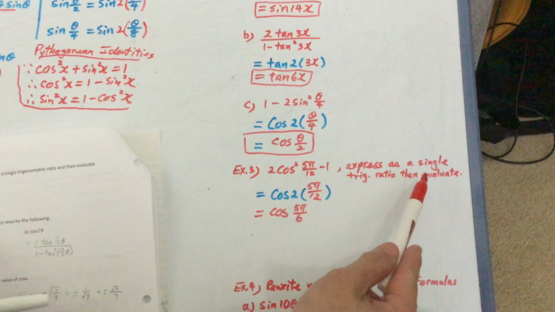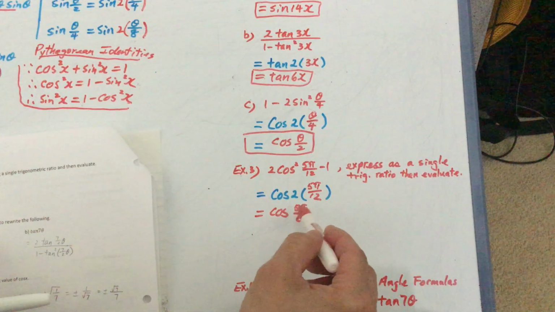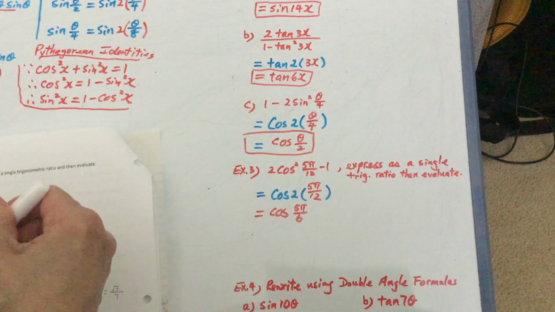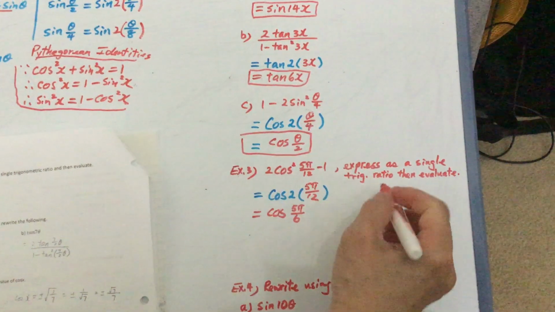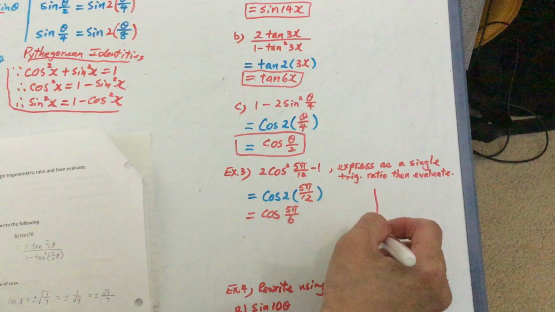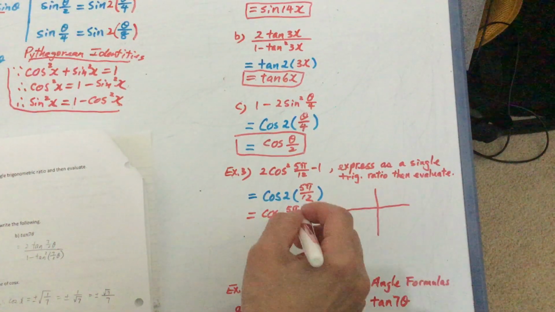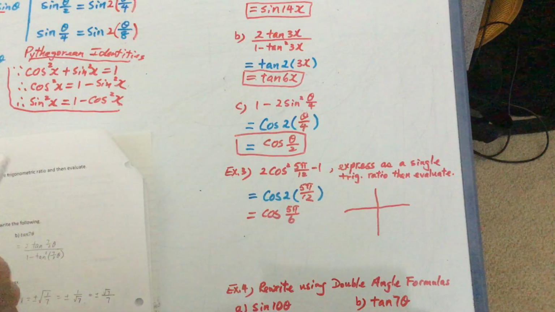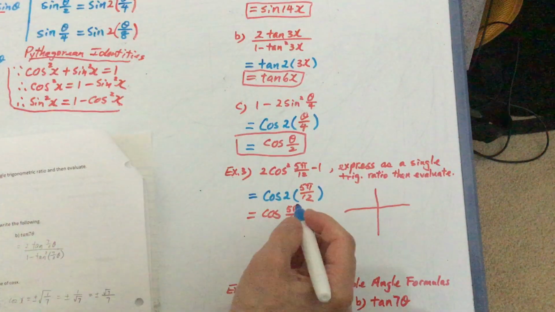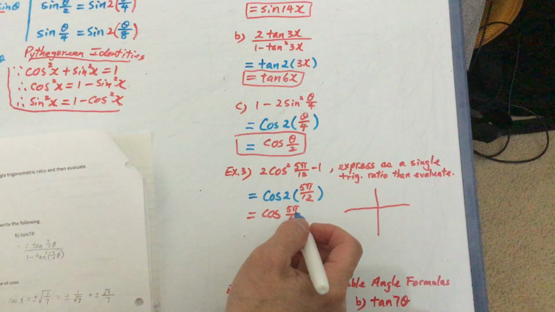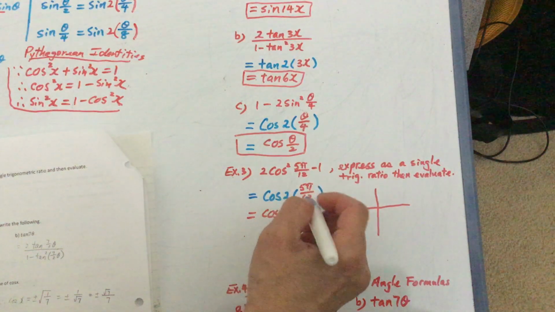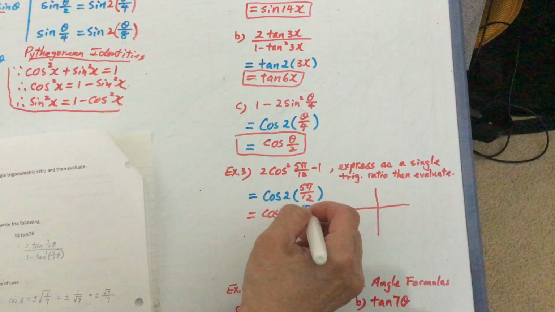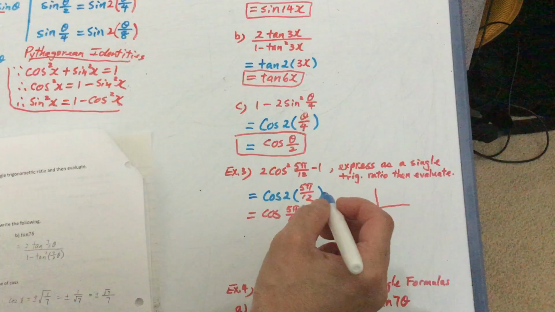Okay, and to evaluate this, again, you need to know what degree is that, or what quadrant this angle is going to be. And if you quickly look at that, you know that pi over 6 is a 30, so 30 times 5, so this is 150 degrees. Okay, if you can quickly calculate that.